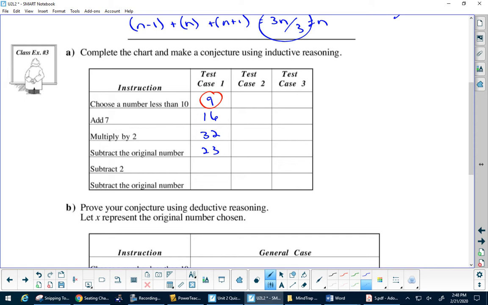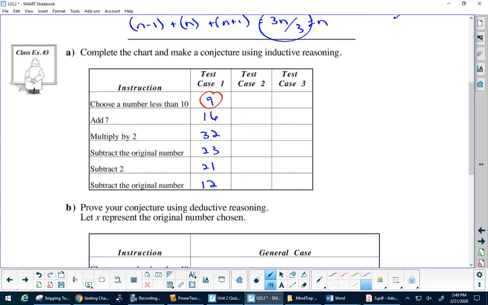Subtract 2. Subtract the original number. 12. Now, you're supposed to do this all in your head, and then someone tells you that you got 12, and you're supposed to be freaked out because how would they know that? Anyway, let's try another one.